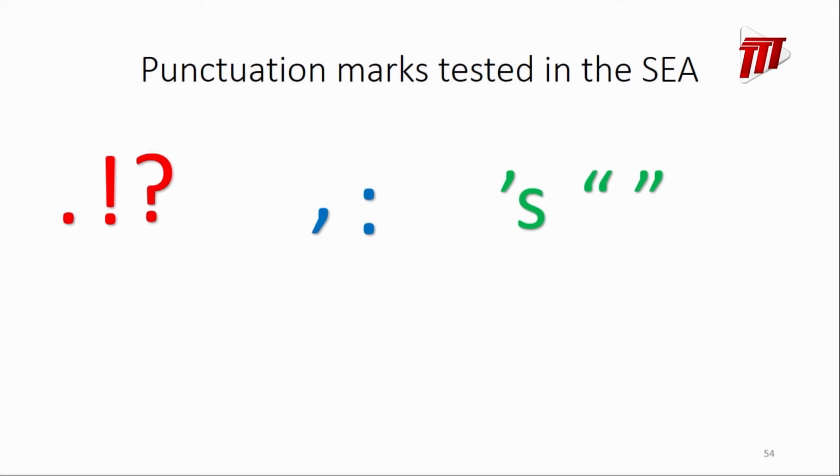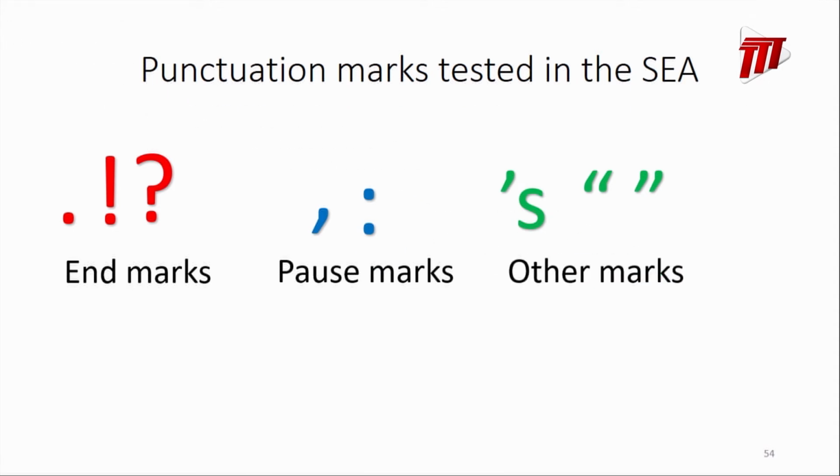We have our end marks, which include our full stop, our exclamation mark, and question mark, which we use at the end of statements, exclamations, and questions, obviously. Our pause marks, our comma, and our colon, and then our other marks, which include our apostrophe S to show ownership, and our quotation marks to show direct speech, the actual words of the speaker.